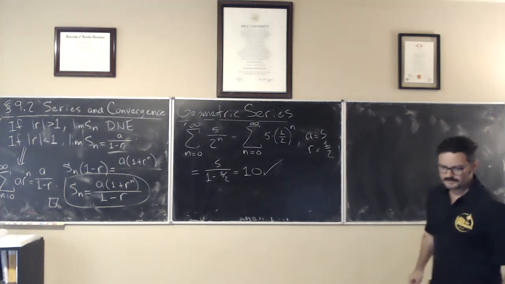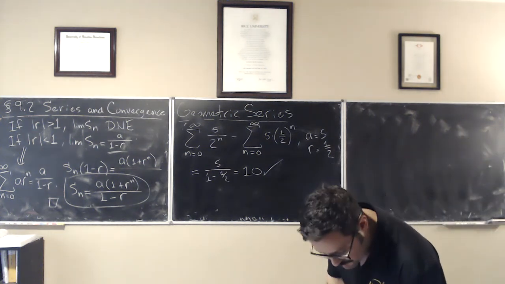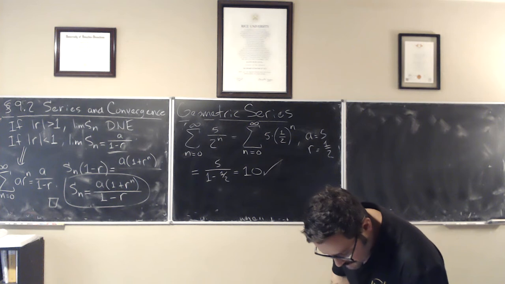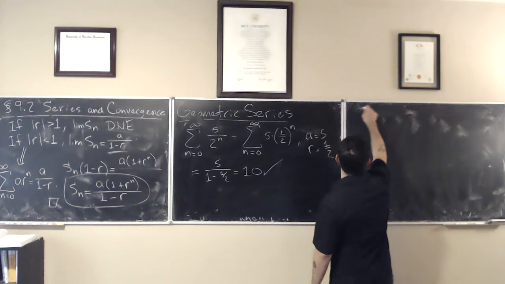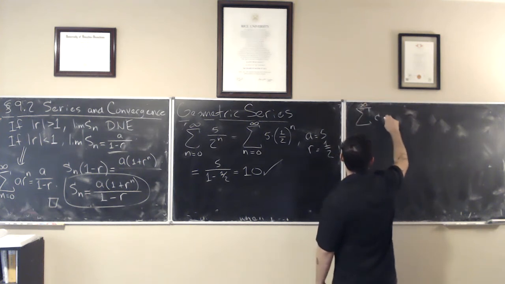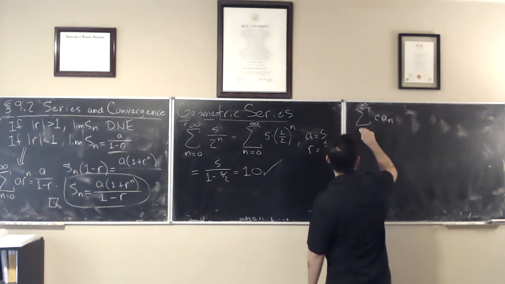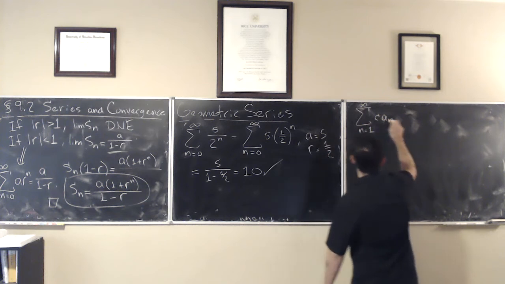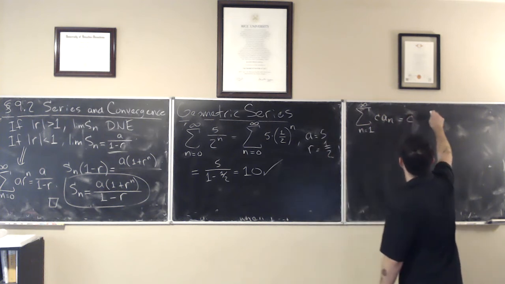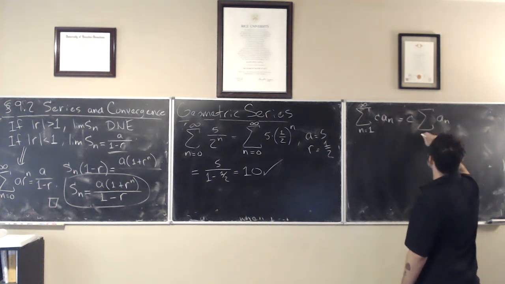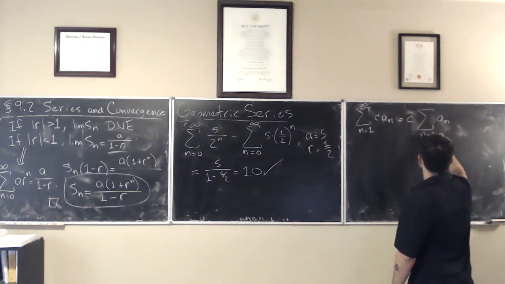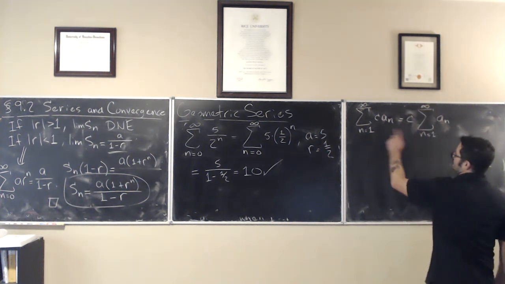Now also, there are several properties listed in the textbook that you should look at. For example, it should be clear that for infinite series with a constant, you can just take that constant out. So this should be straightforward. And it doesn't matter where you start.